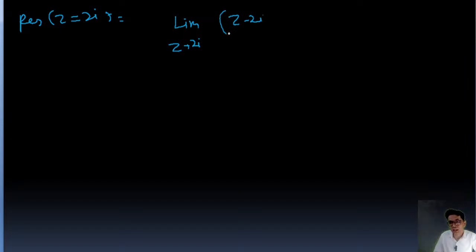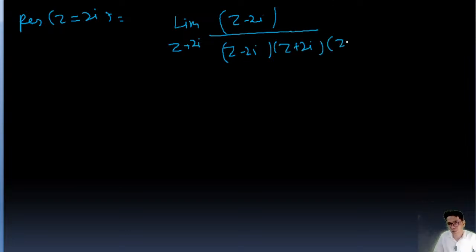Similarly, the residue at z equal to 2i is going to be the limit as z tends to 2i of z minus 2i upon z minus 2i and z plus 2i, and z square plus 1.